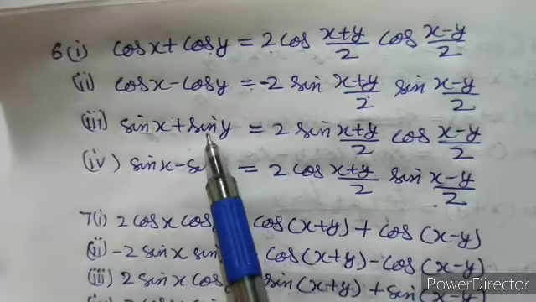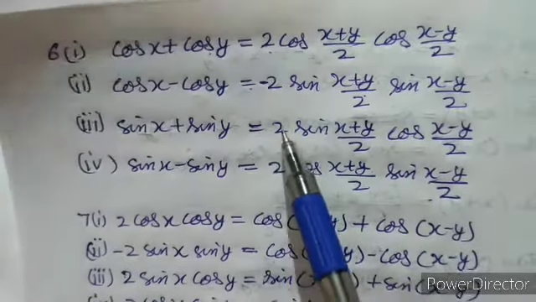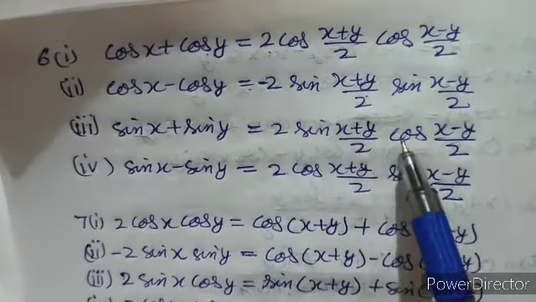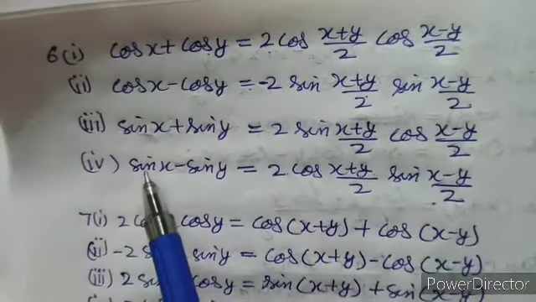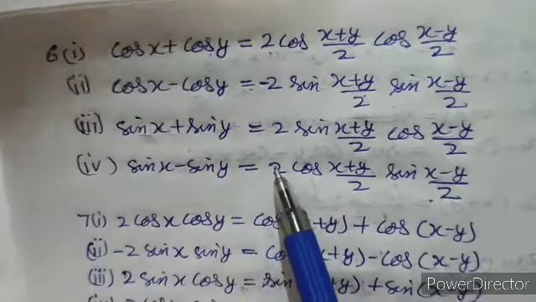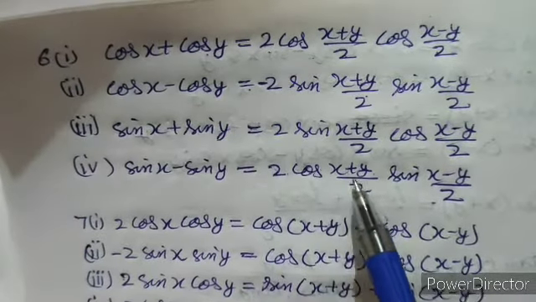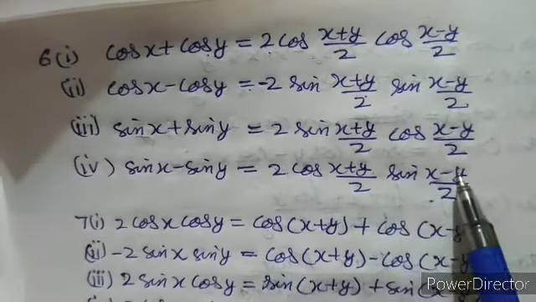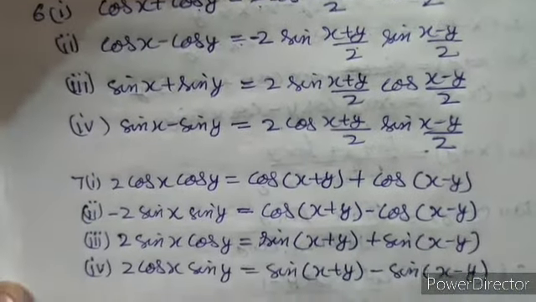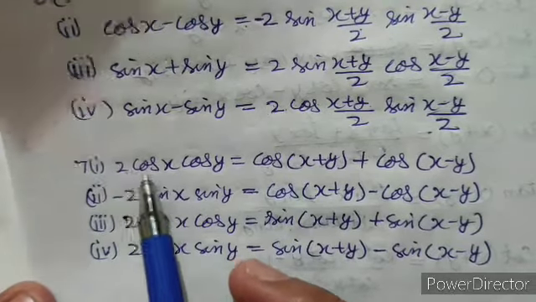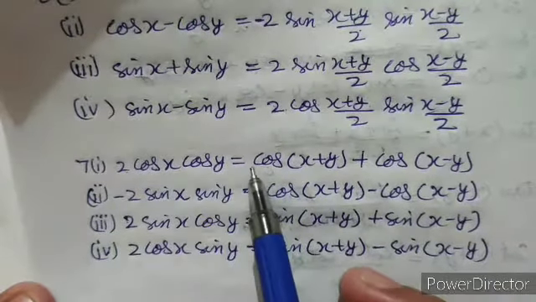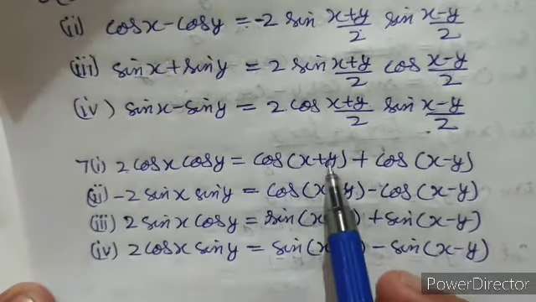Sin x plus sin y is equal to 2 sin x plus y upon 2 into cos x minus y upon 2, and sin x minus sin y is equal to 2 cos x plus y upon 2 sin x minus y upon 2.